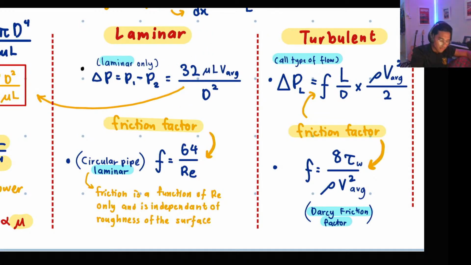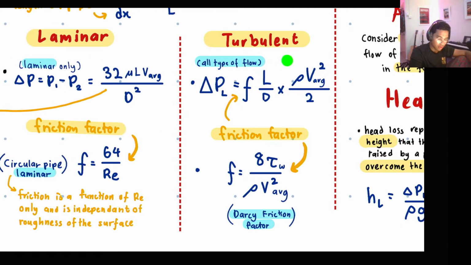For laminar, the pressure drop P1 minus P2 is equal to 32 times viscosity times the length of the pipe times the average velocity over d squared. For turbulent, or all types of flow including transitional flow, the pressure drop is equal to the friction factor times L over D times density times average velocity squared over 2.